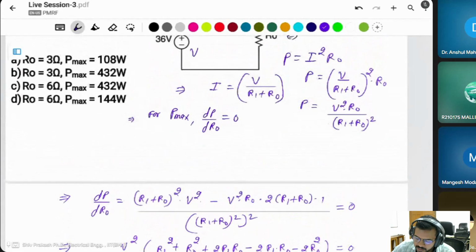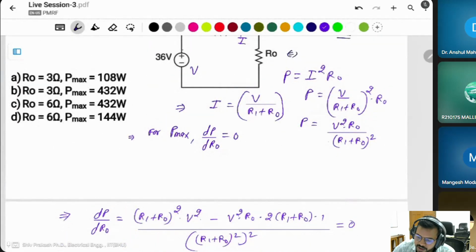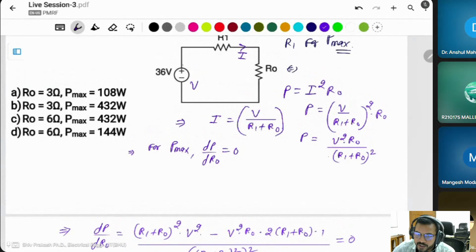How, sir? This is I square R naught, no? For the maximum power in any resistor, the power in any resistor depends on the R naught value, na. That's why the power in any resistor is I square into R.